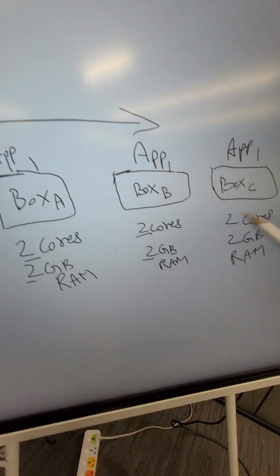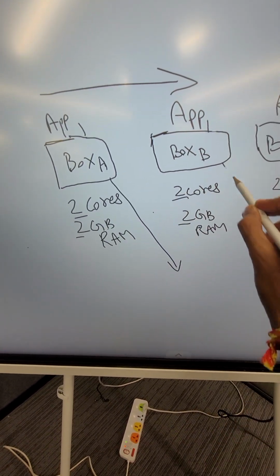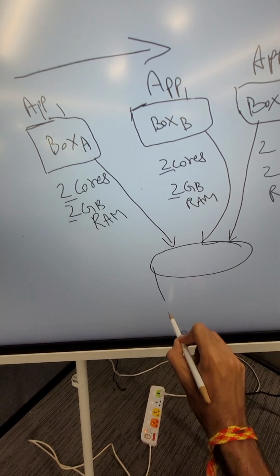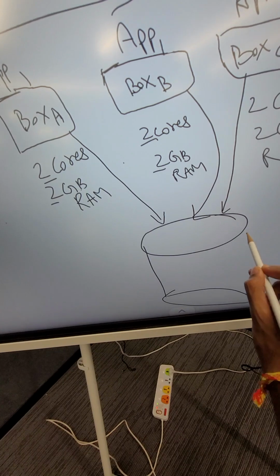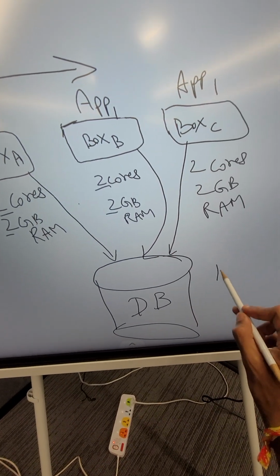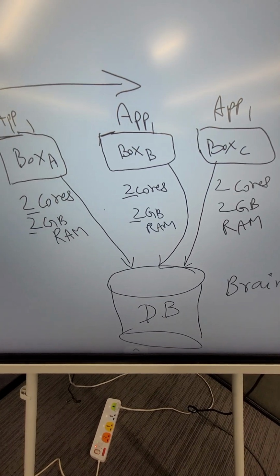Let's say it needs some storage, for example some database, it should all connect to the same database. The problem is the database will become the bottleneck, but other than that, they will all share the same brain, right? Memory to store the data.